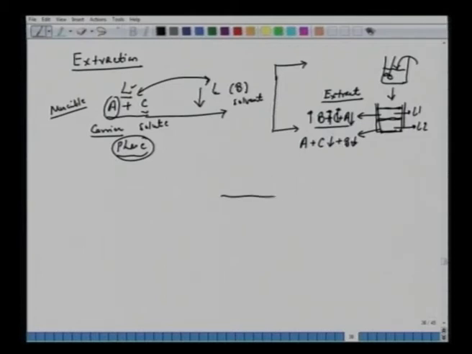So what we have in extraction, at the end of the separation or equilibrium, is two phases. Both phases contain A plus B plus C, L1, L2, and these two phases are immiscible.